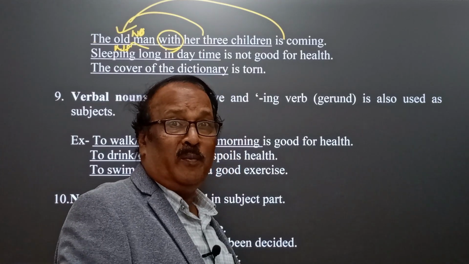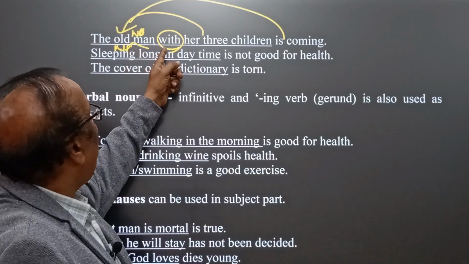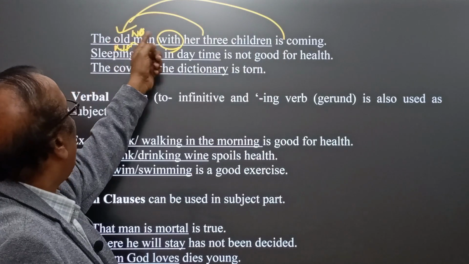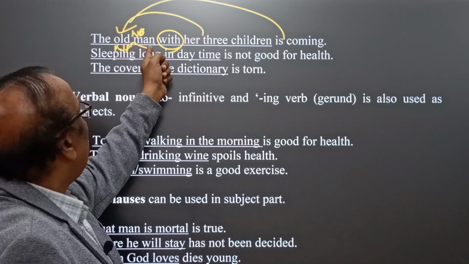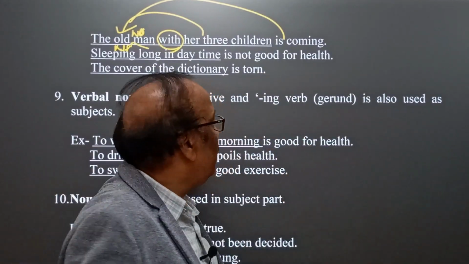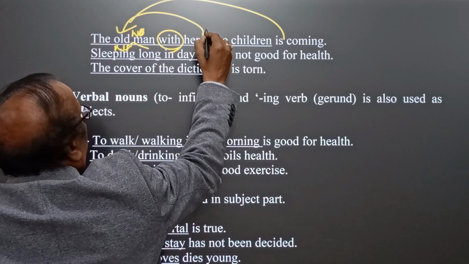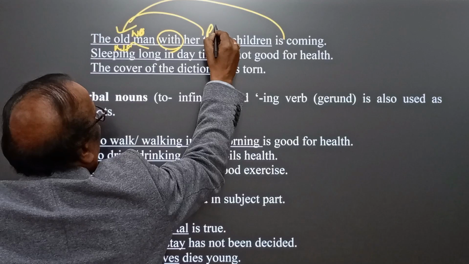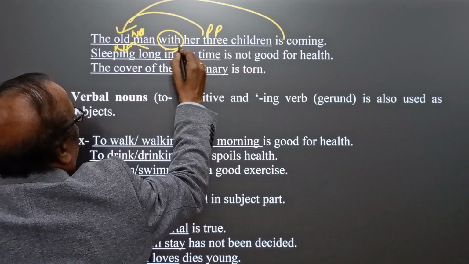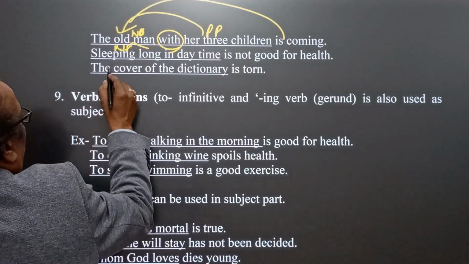Therefore, we remember the fact that here the head is the old woman, and with her three children is a post position, so the verb agrees with the old woman. Therefore, is is used. Okay, so this is interesting. Naturally, the noun phrase is with her three children and the older man.